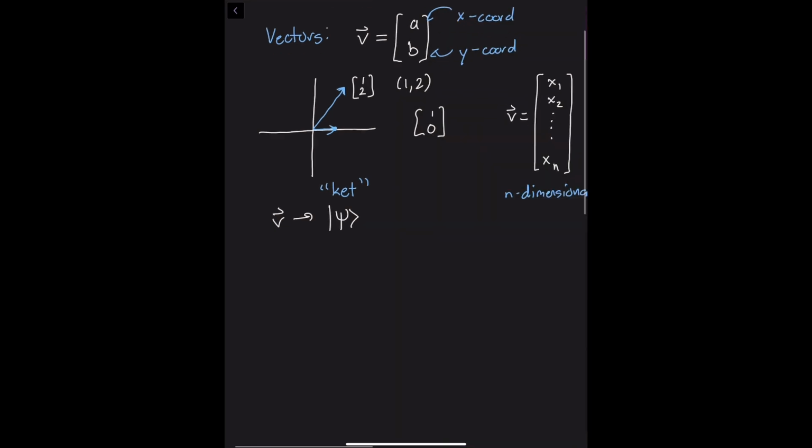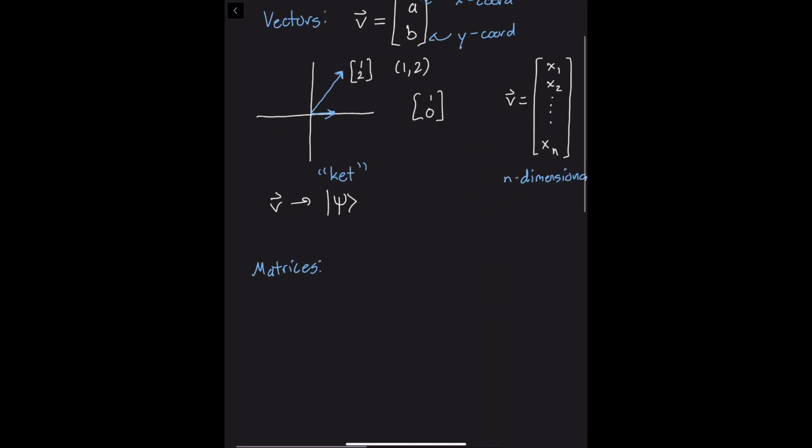We also have things called matrices. These can be lots of different things. It can be vectors stored all in the same place, or oftentimes it's actually an operation we can do on a vector.